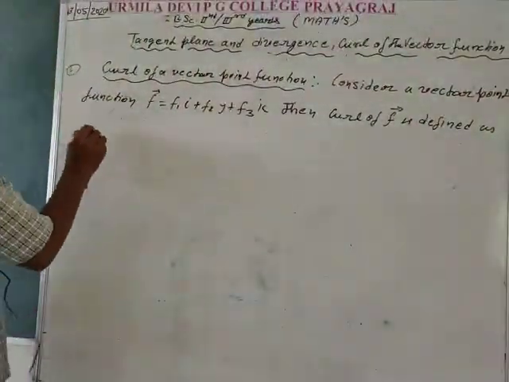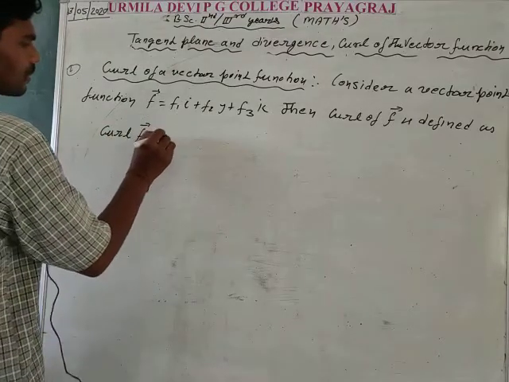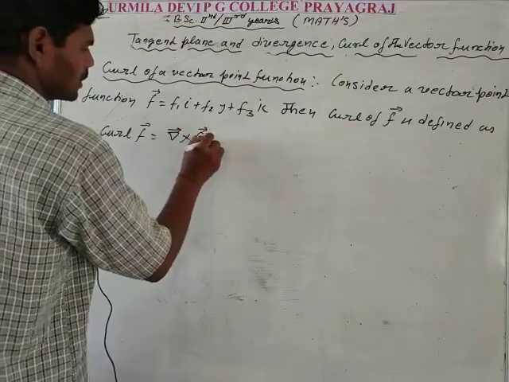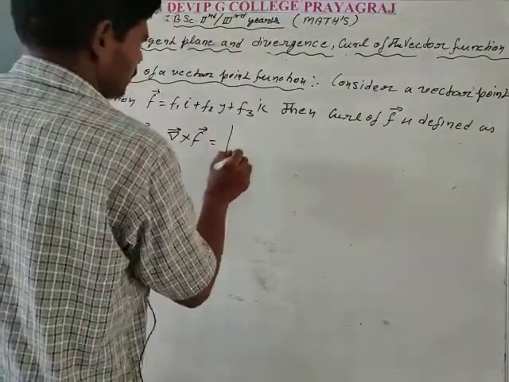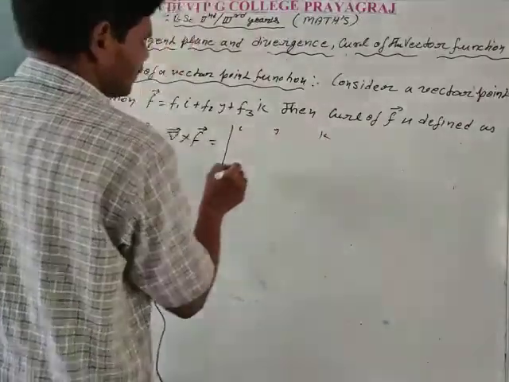del cross F. Curl of F is equal to del cross F, which is the determinant of i, j, k.